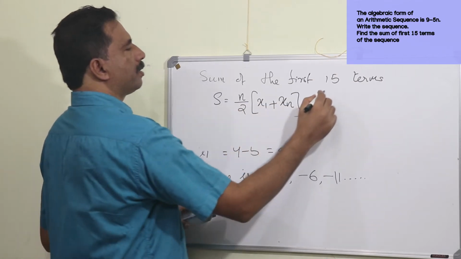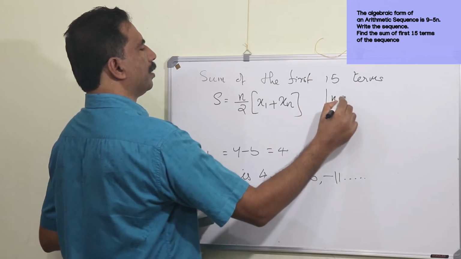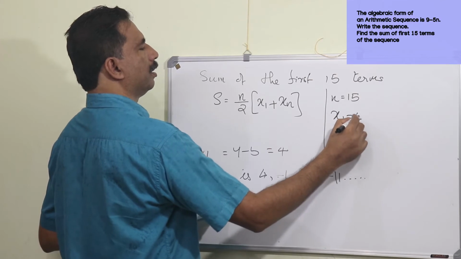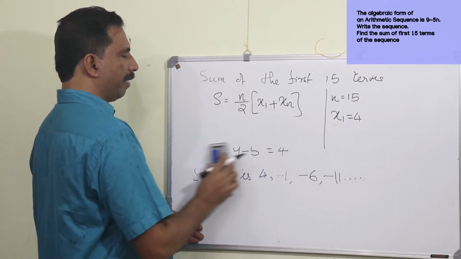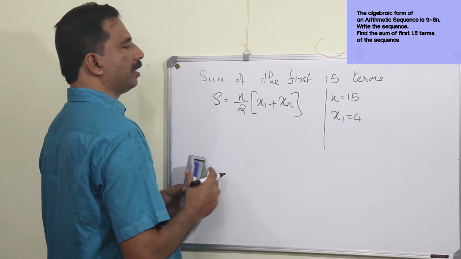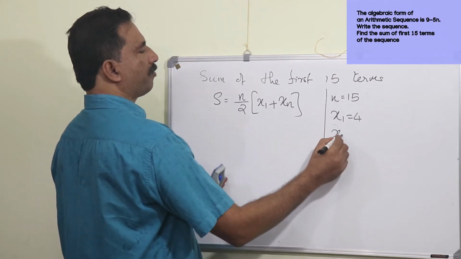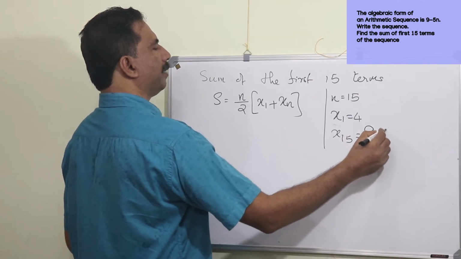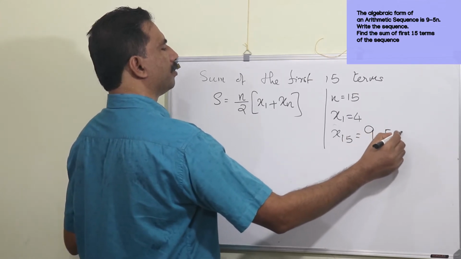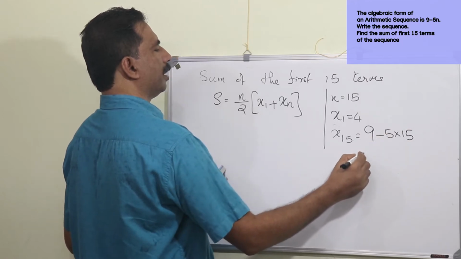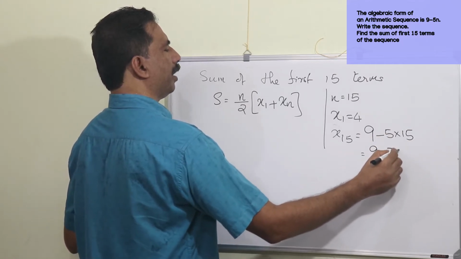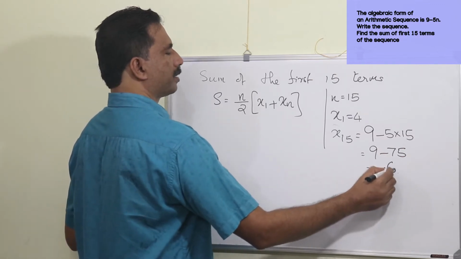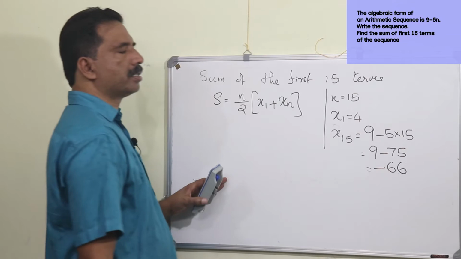Here n is equal to 15. The first term is 4 and the last term is the 15th term, x15. We have xn is 9 minus 5 into 15, that means 9 minus 75, which is minus 66.